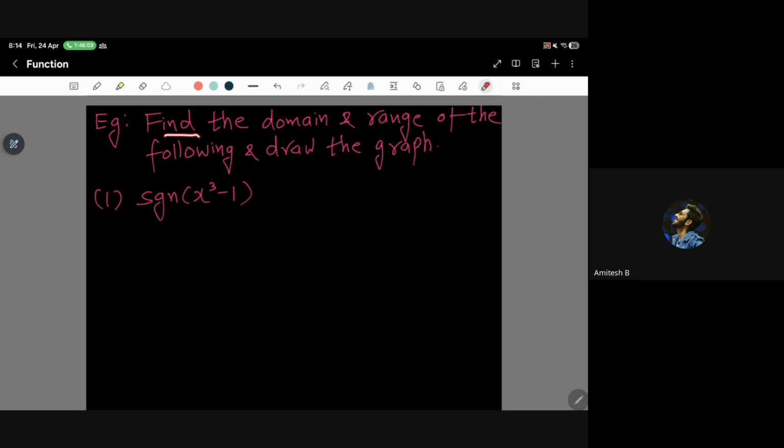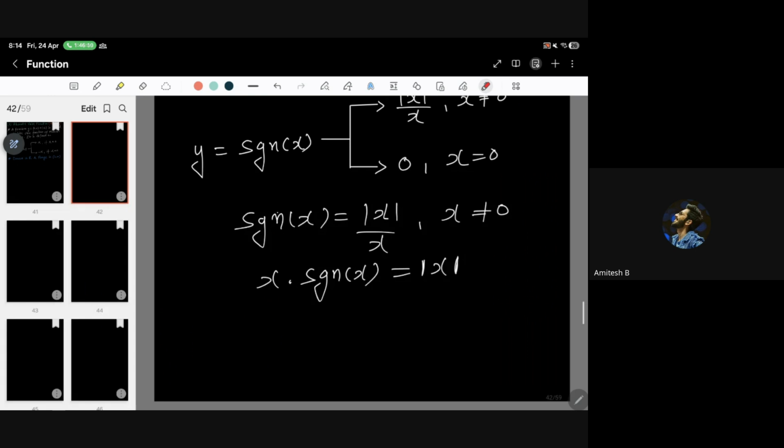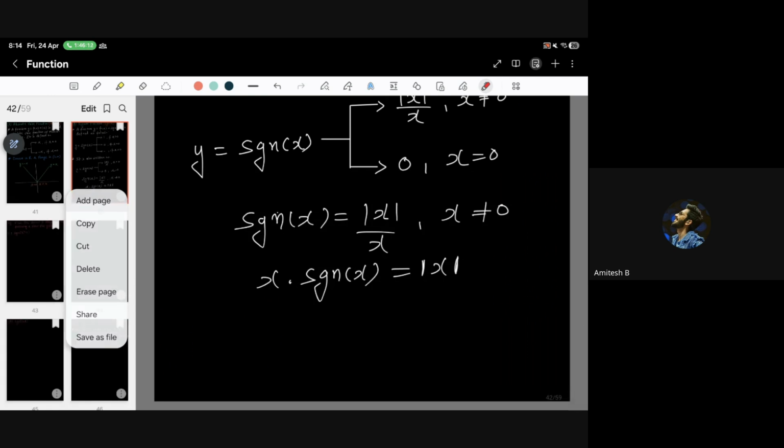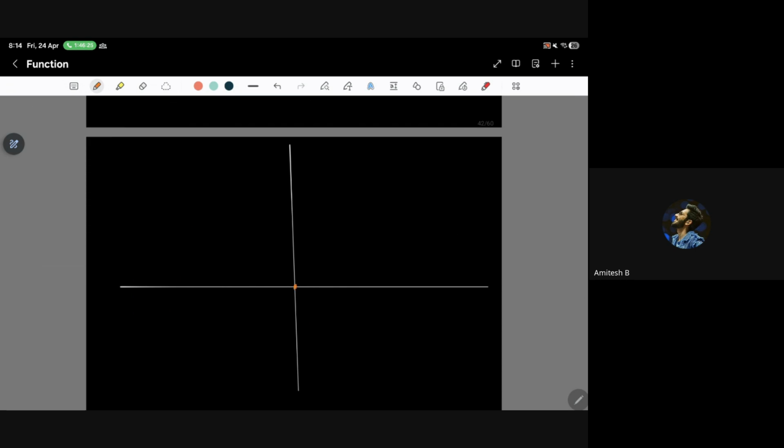So find the domain and the range of the following and draw the graph. And before this, we have the graph of the signum function. So here x is 0, this side x is positive, this side x is negative.